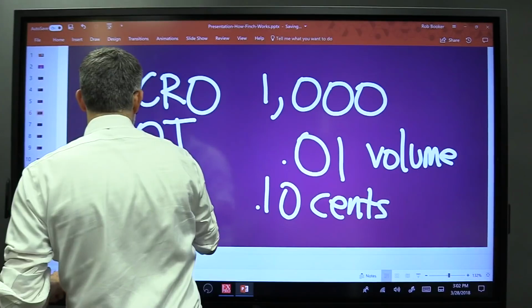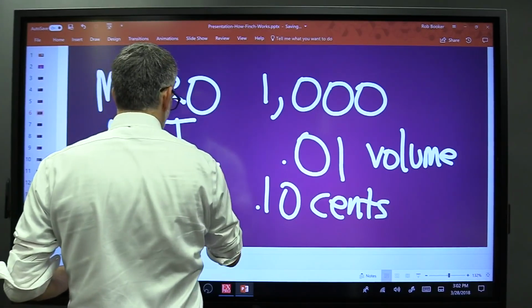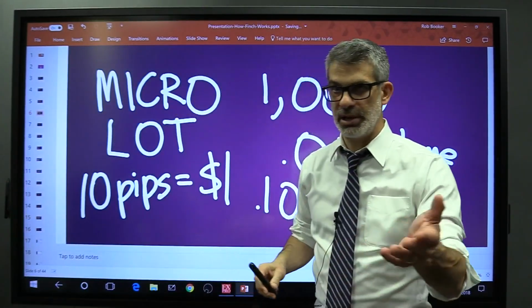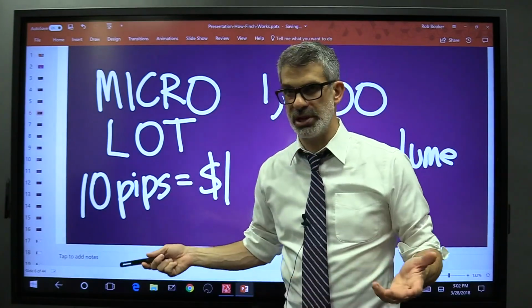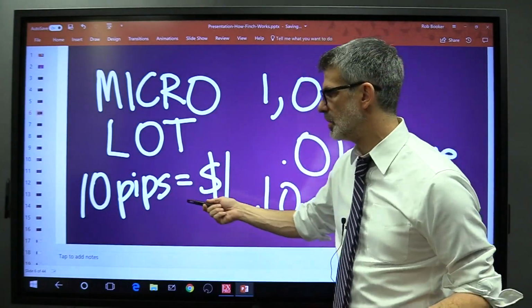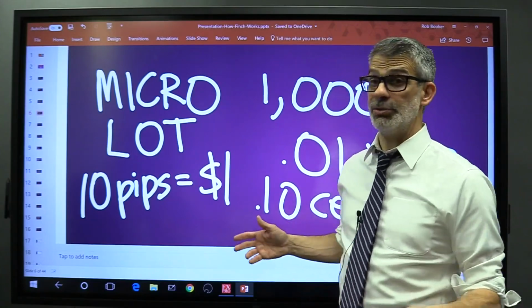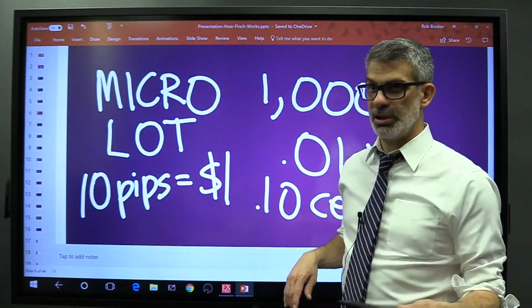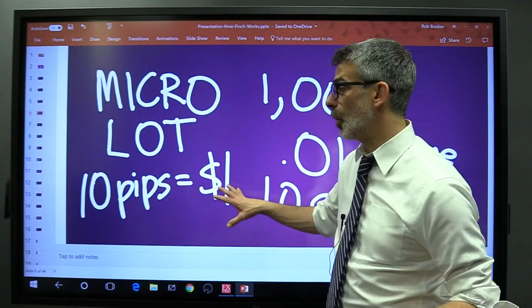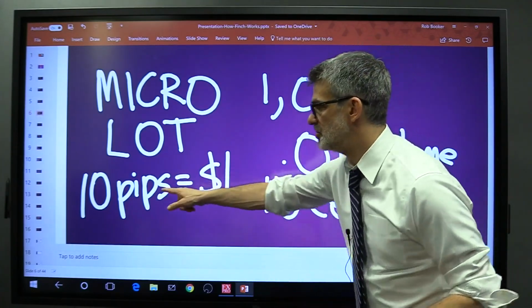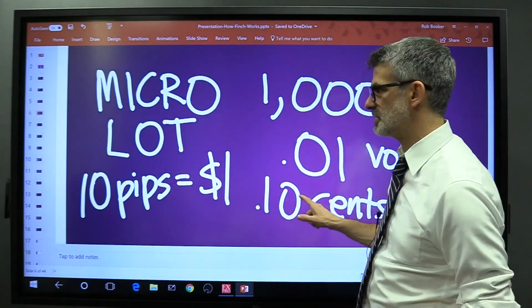10 pips equals $1. Or if you're trading in the UK, £1. Or if you're trading in a euro-denominated account, €1. Or if you're trading in a yen account, it would be 100 yen. If you're trading in Australia with Australian dollars, it would be $1 Australian. Because you made 10 pips, each one was worth 10 cents.